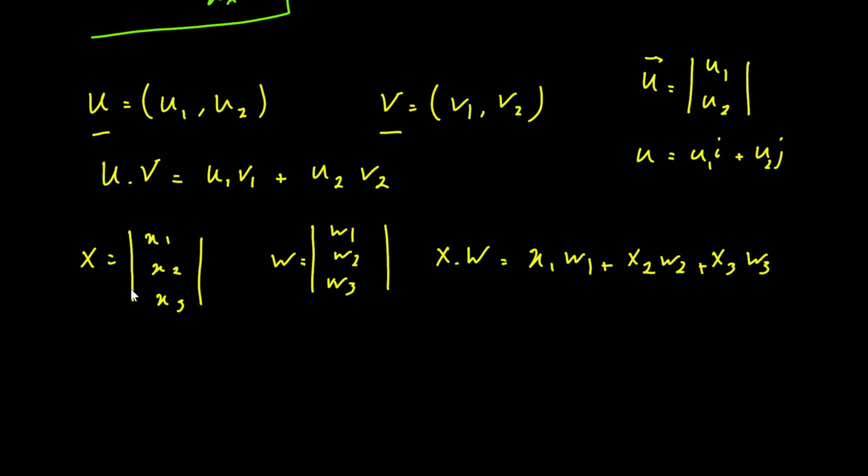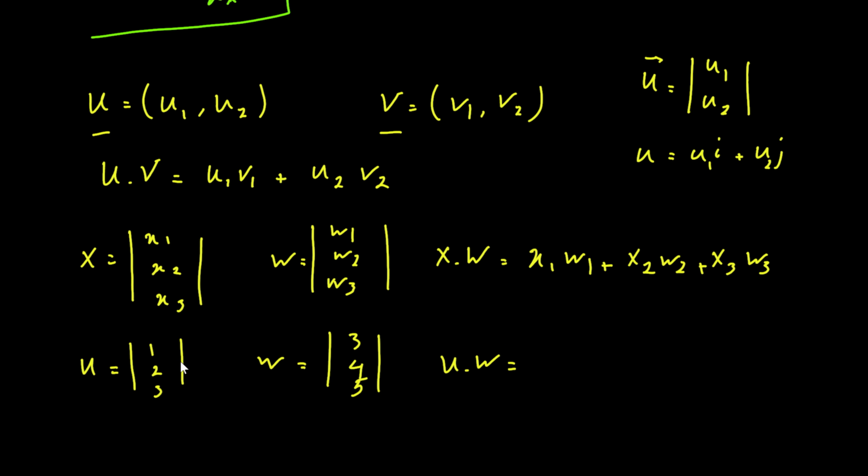Now, this is very easy. So let's go ahead and do one example. Let's say that vector u is equal to 1, 2, 3, and vector w is equal to 3, 4, 5, and we want to find u dot w.